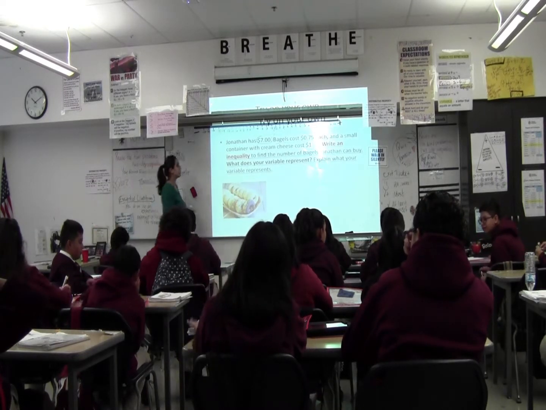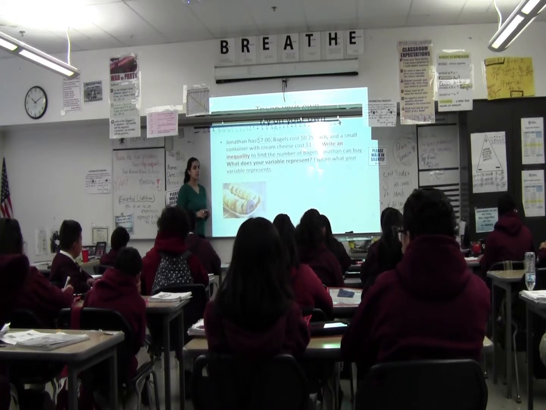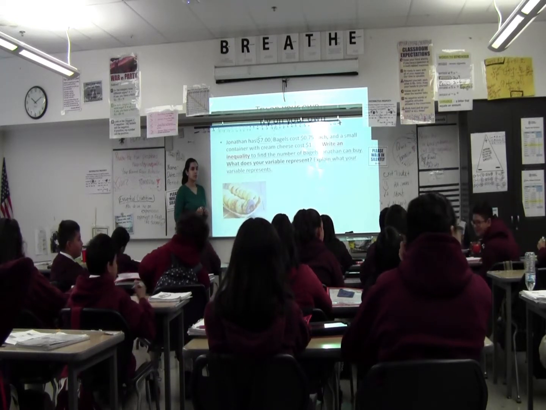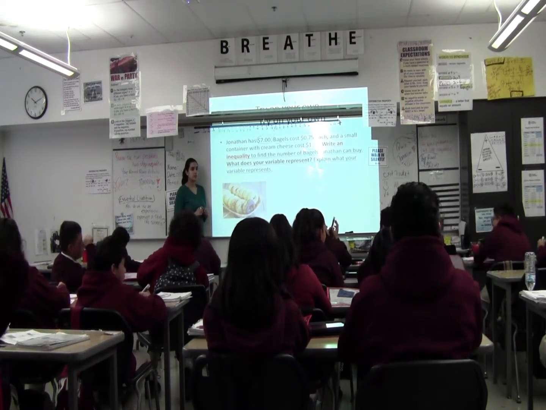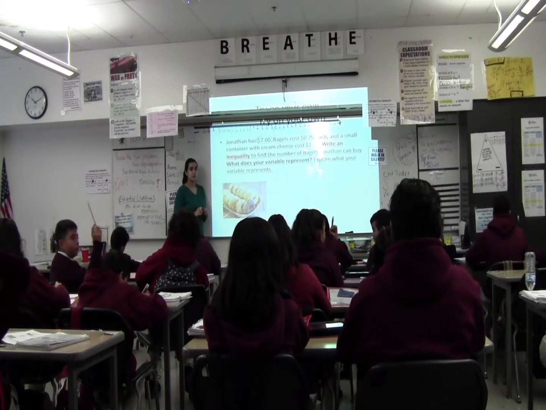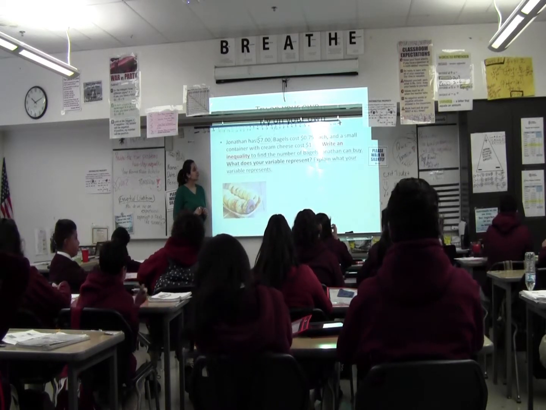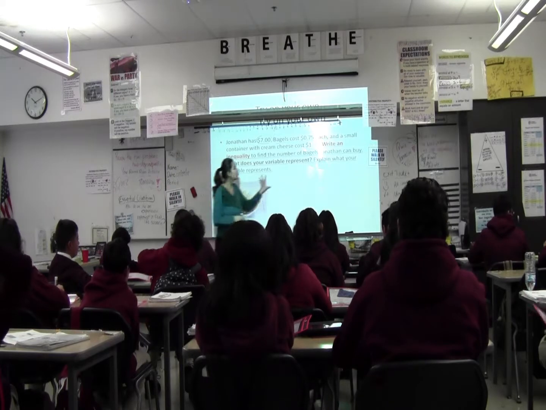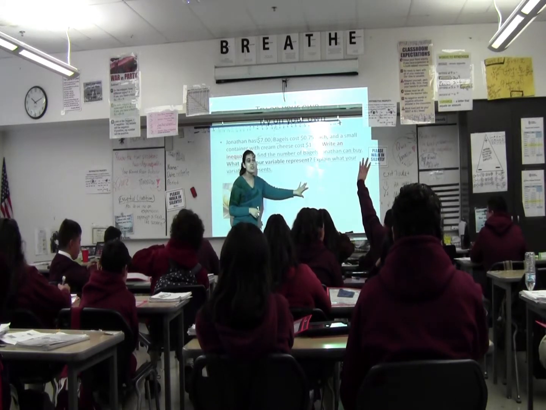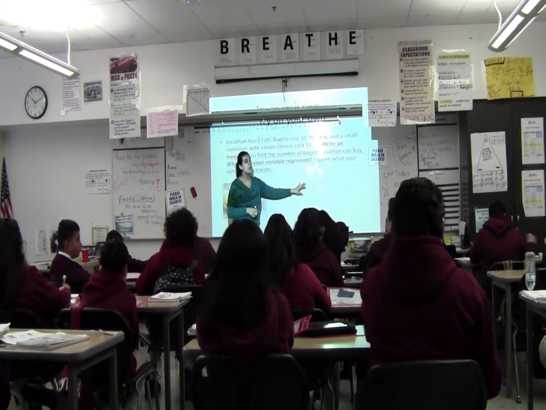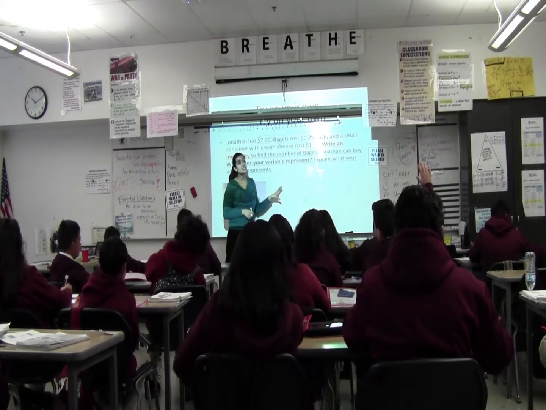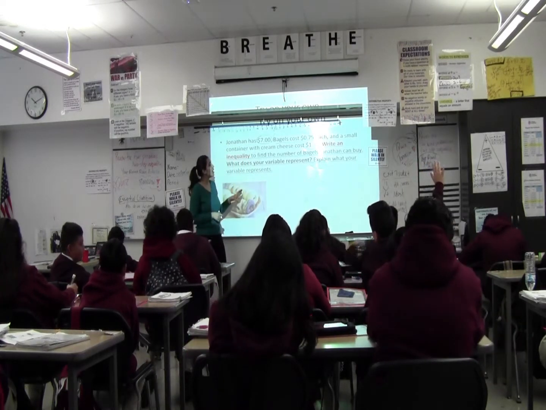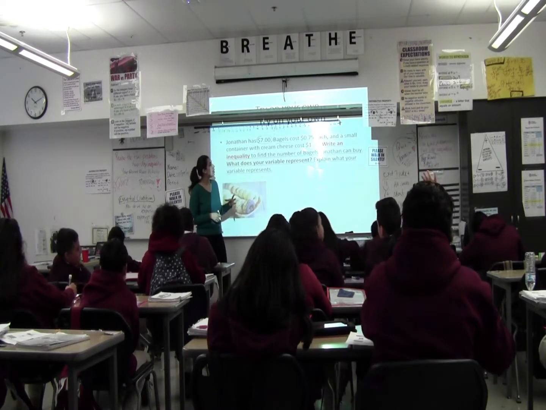How much does cream cheese cost? So the first thing you're going to do is figure out how to write this inequality. That's what I want you to do with your partner. I want you to write down the inequality. You don't need to solve it, but you need to figure out how to write this inequality.